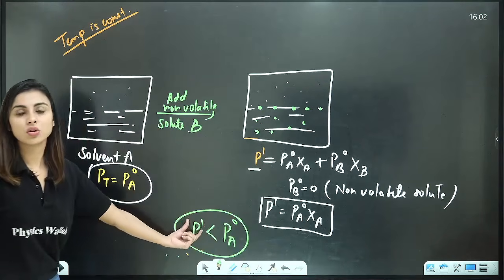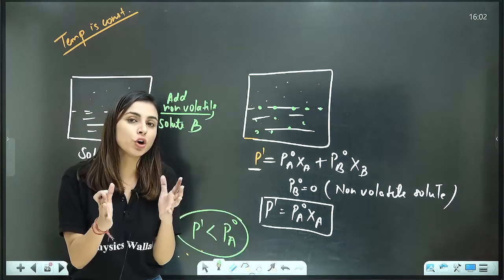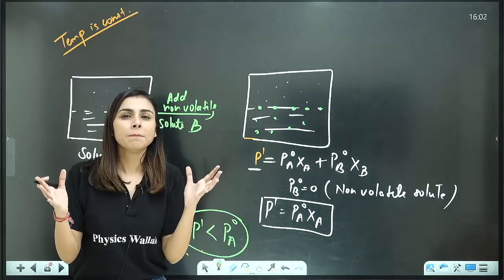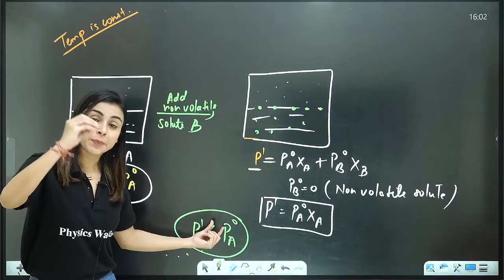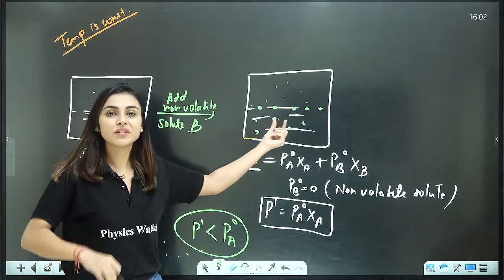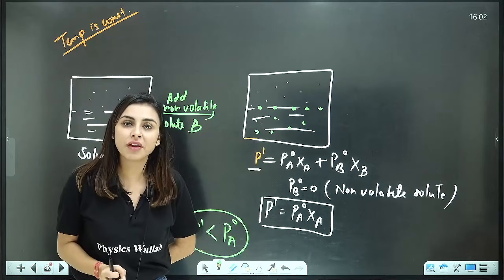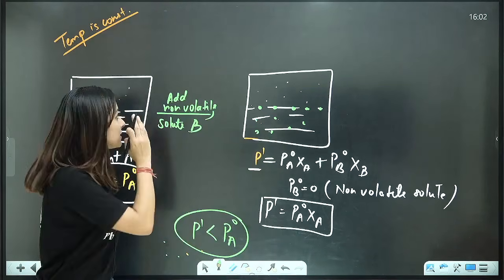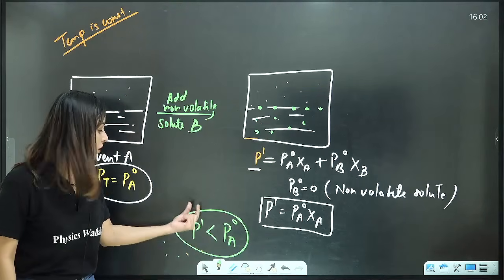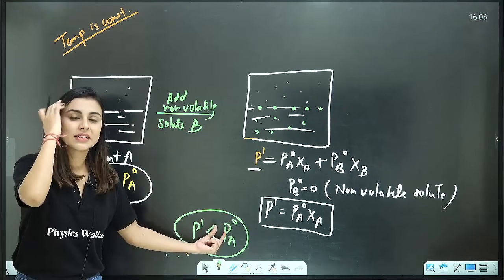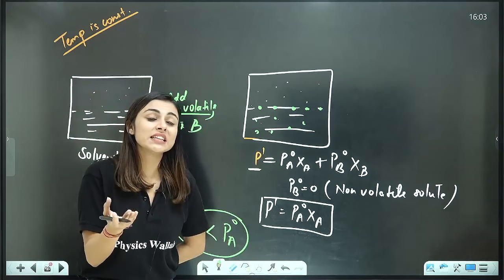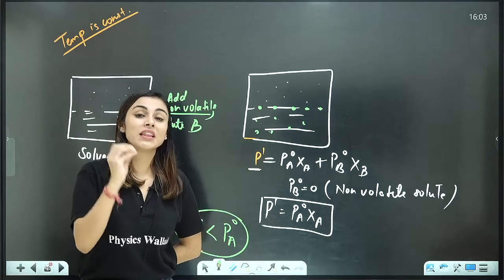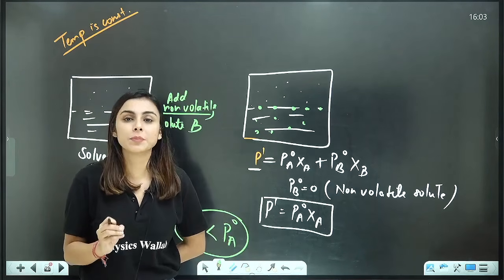If it was pure A, it would have given you some pressure, but since it is not pure A, B is acquiring some position on the surface and hindering its formation of vapors. That is the reason that at the same temperature, P dash pressure would be less than the pure vapor pressure of A.